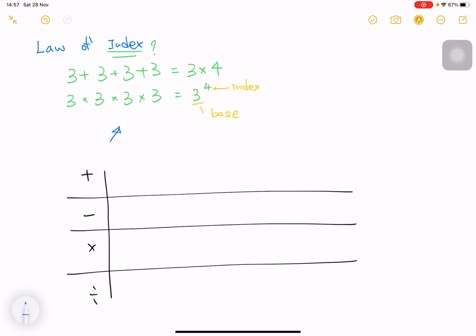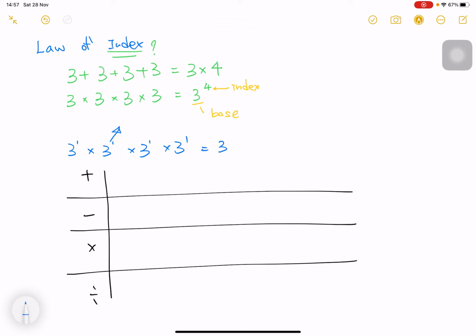3 times 3 times 3 times 3 can be written down as 3 to the power of 1, because there's only one 3 here, times 3 to the power of 1 times 3 to the power of 1 times 3 to the power of 1. Which means that we have 4 3s times itself together.